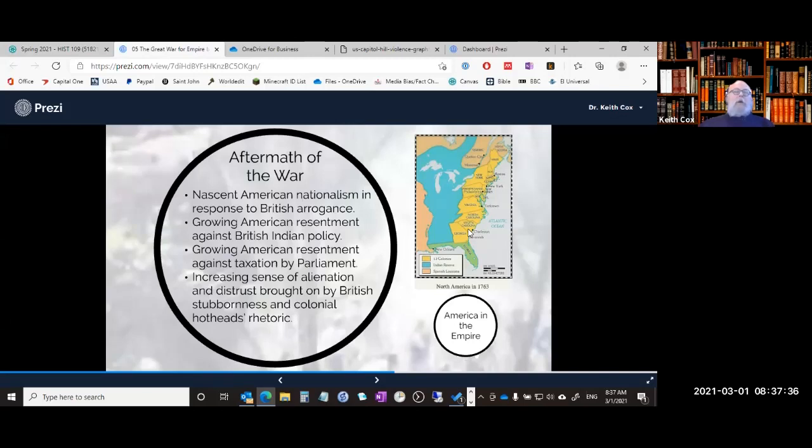And all of these things are much better than what you guys have in Britain. So the response to this berating that they got from the British is going to be, yeah, we're different, but we're better. And so that's when we start to see people in the colonies all start to consider themselves American.